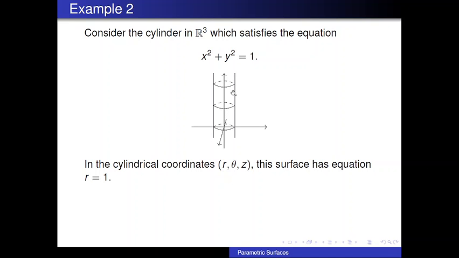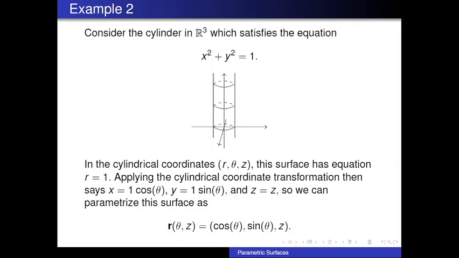This is the set of all points in space written with cylindrical coordinates where the radius is equal to 1. This means we can take the cylindrical coordinate transformation that says x equals r cosine theta, y equals r sine theta, and z equals z, and translate this into x, y, and z that way.